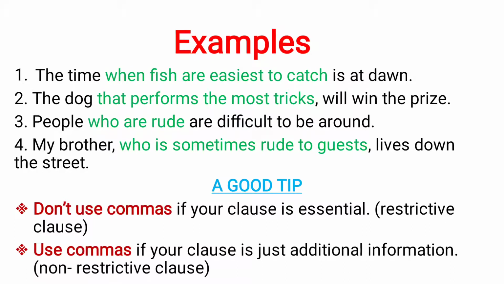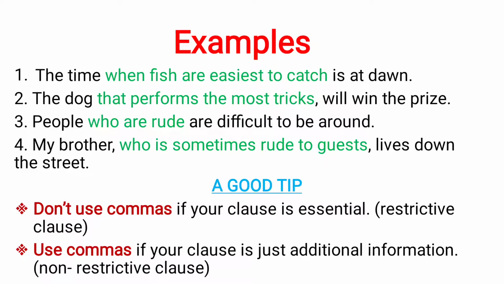Same trick you have to apply here. Try to remove it from here. What will come out? "The dog will win the prize." So here we won't be able to understand which dog we are talking about or which dog will win the prize. So this phrase is important here. This phrase is restricting this noun, and that is why it is a restrictive clause.